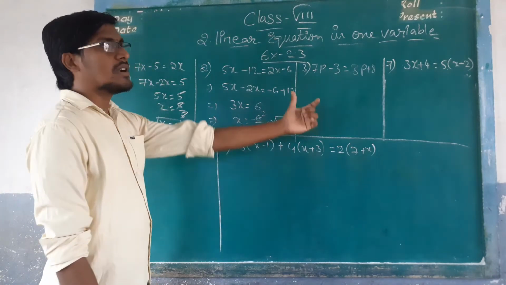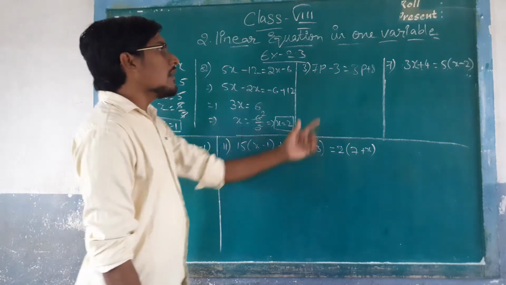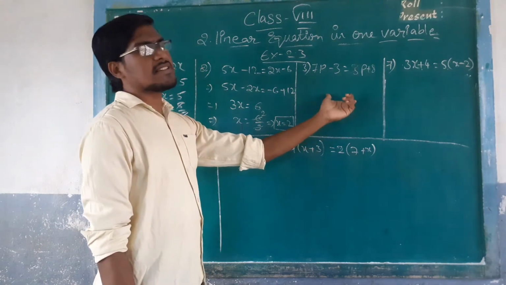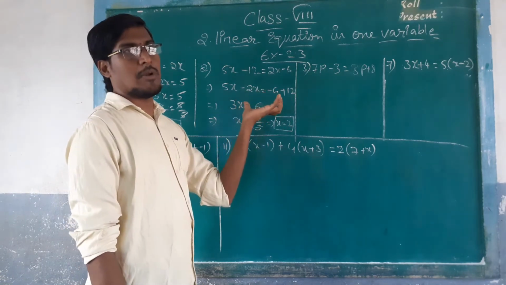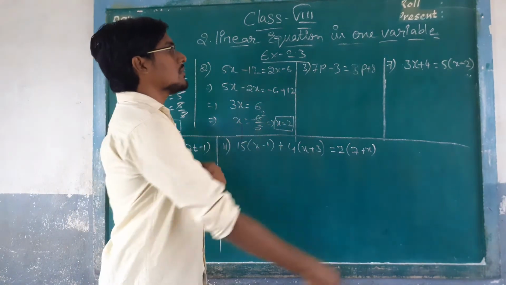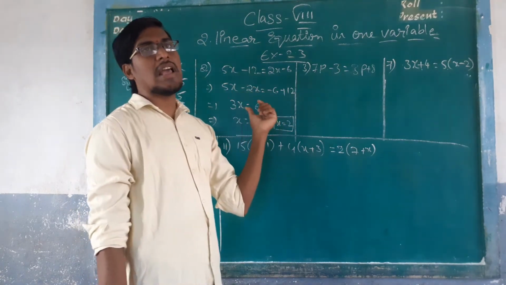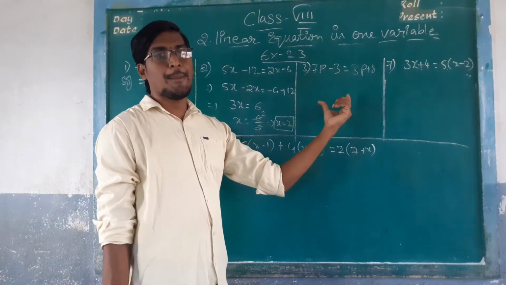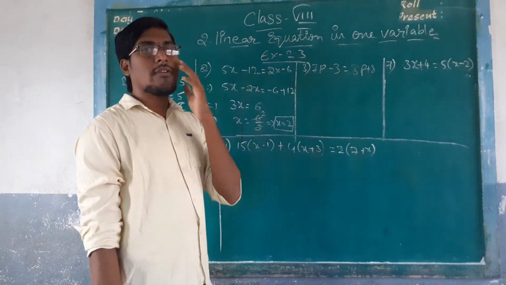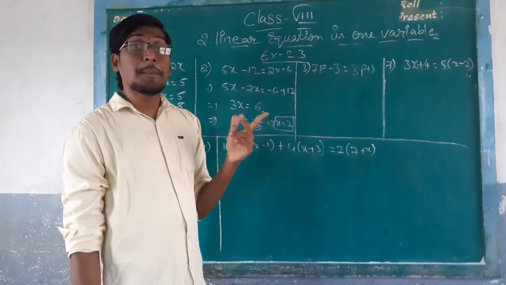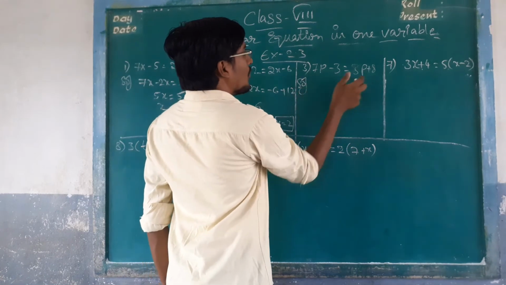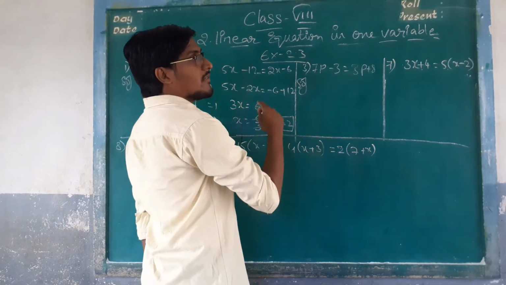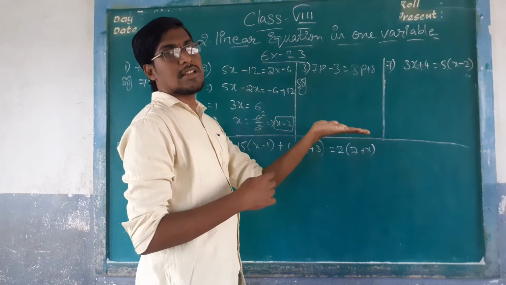Okay, next move on to the third sum. This third sum is the same as the second problem. Here there is a variable p, so we have to find the value of p. Move the variables to the left hand side and the constants to the right hand side.